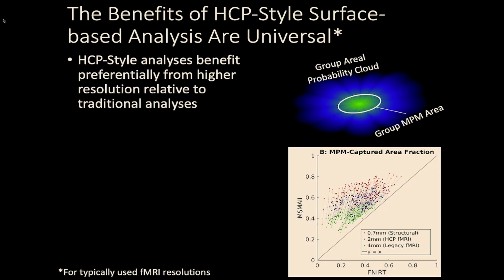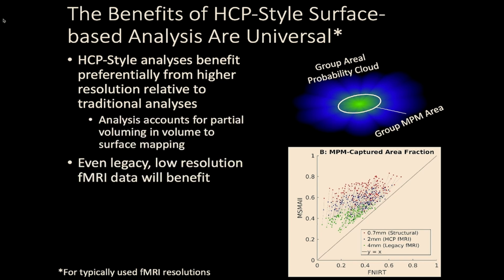And these benefits are basically universal for typically used fMRI resolutions. So these lines here are different cortical areas and different resolutions.